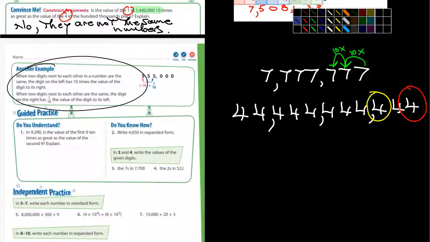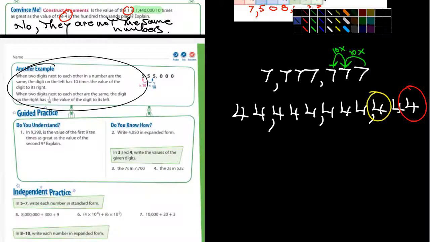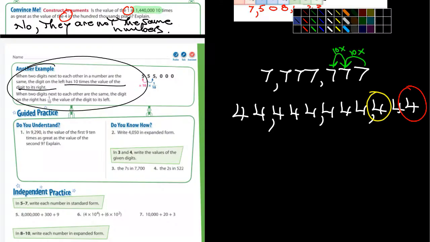And then they give another little visual, all those fives right there. This 5 right here is 10 times the value of this 5, as long as they're next to each other. If they're not, if there's one separating them, then it's 100 times its value, or 1,000 times if it's 3 places.